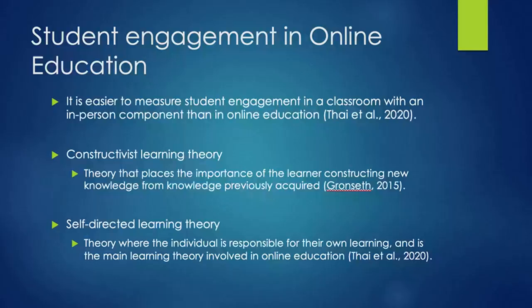Because the instructor is separate from the student, the student is responsible for their own learning and for constructing their own knowledge, basically participating in the constructivist process. But the online classroom relies on students engaging with the material. And if students are not engaging with material, then the instructor has to figure out why, and has to figure out ways to encourage or improve engagement.